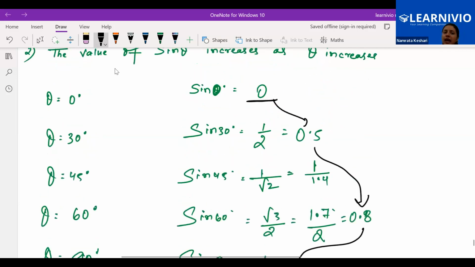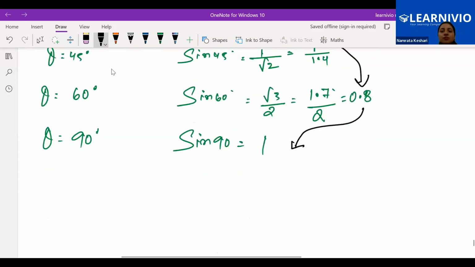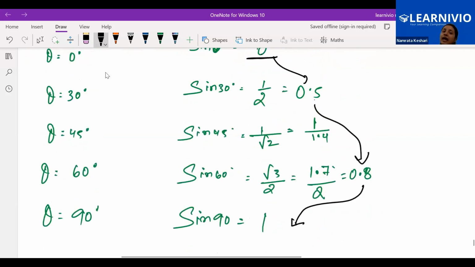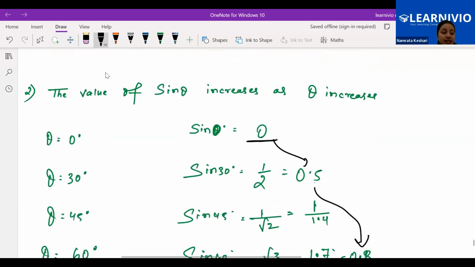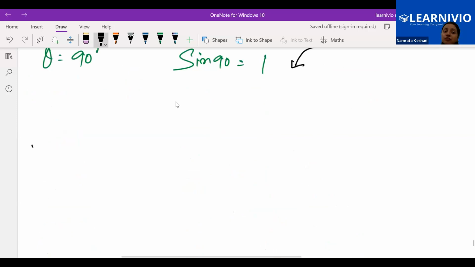When the angle is increasing, the value is also increasing. 0 to 0.5, it increases. 0.5 to 0.8, increasing. 0.8 to 1, it is increasing. So the statement, the value of sine theta increases as theta increases, is true. Yes or no? Yes.